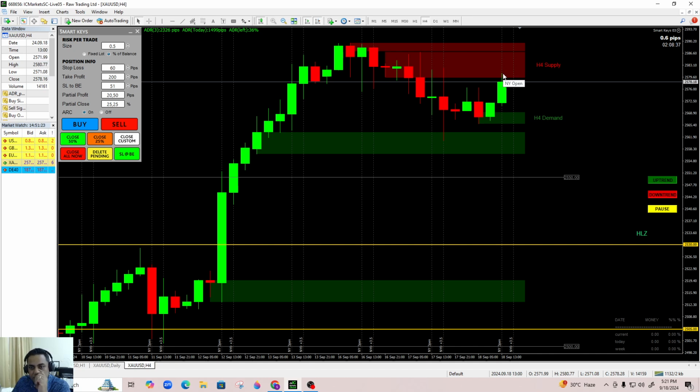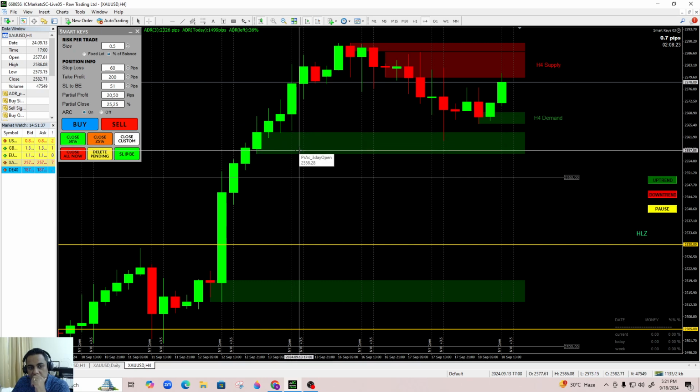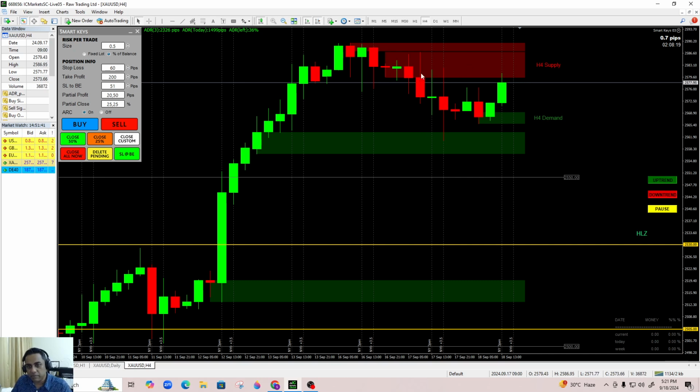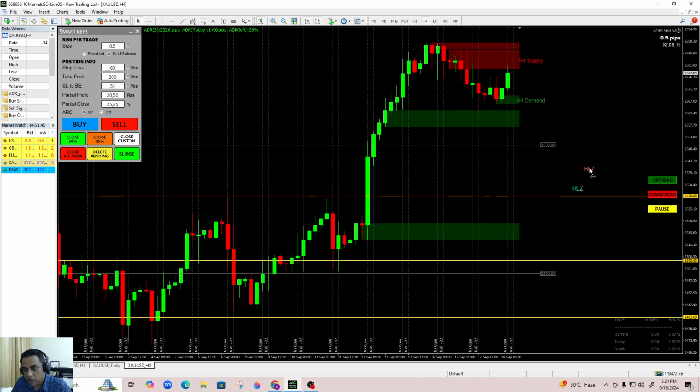So this H4 supply zone did not take anything out to the left, right? Maybe that one there, but that's all a part of this. So it didn't take out anything. So I'm not going to mark it as a high liquidity zone yet. Okay, let's just park that for now and look at the demand.